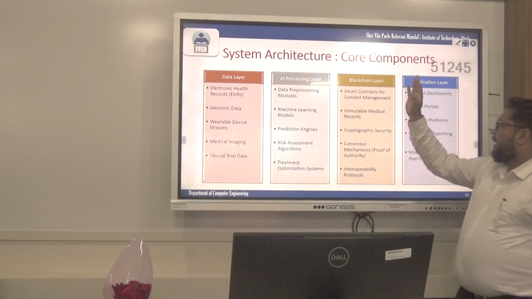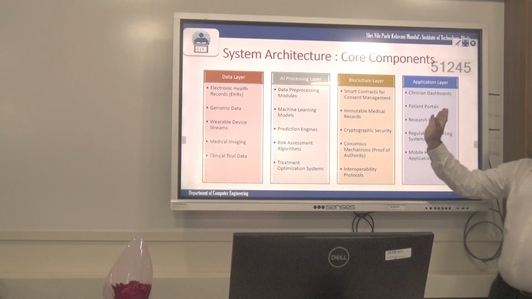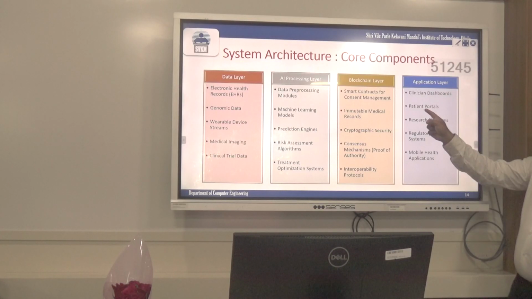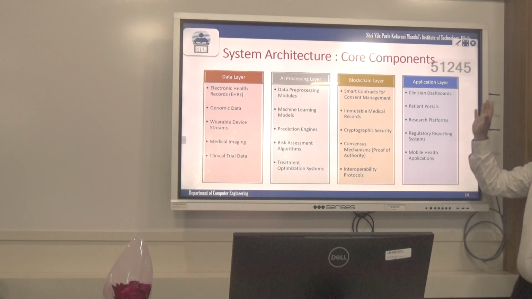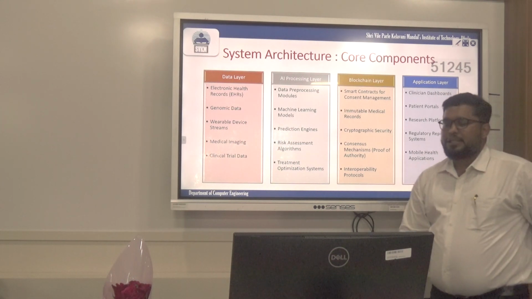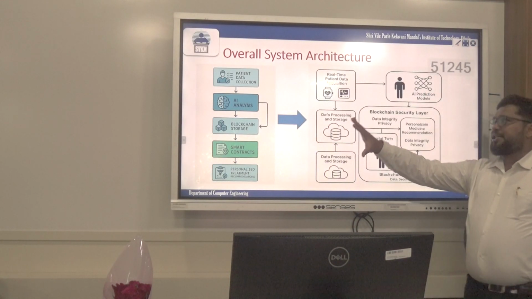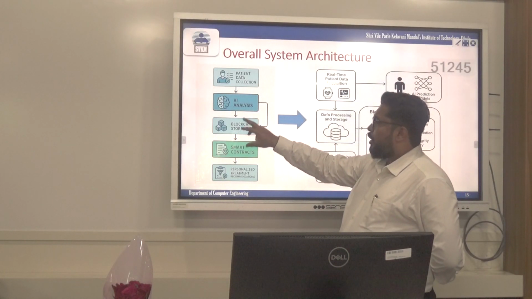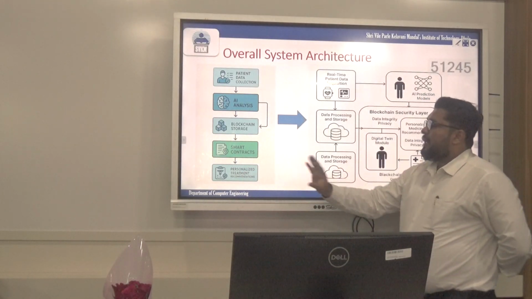Once you have done this, you have to create your application layer, that is the integration of all these three layers. Here we present the data using a clinical dashboard, patient portal, research platform, regulatory reporting system and mobile health application. So these are the four layers we have to create while implementing this project. Now our overall architecture looks like this. We have the patient data collected, AI analysis from your blockchain storage, then we do the smart contract and then personalized treatment.